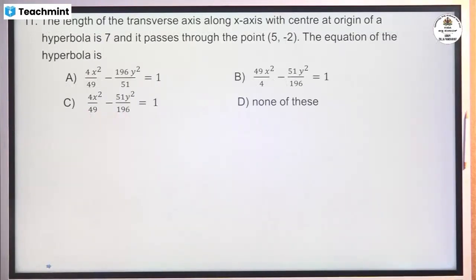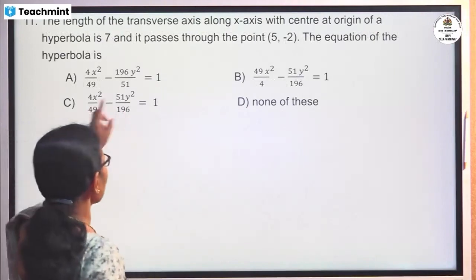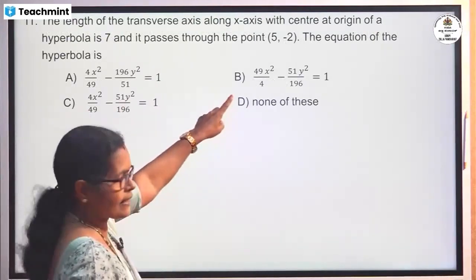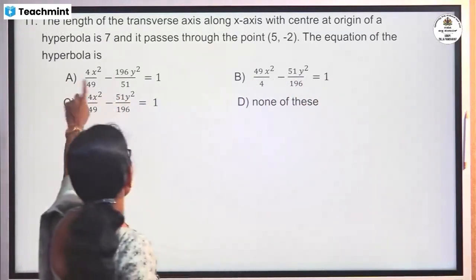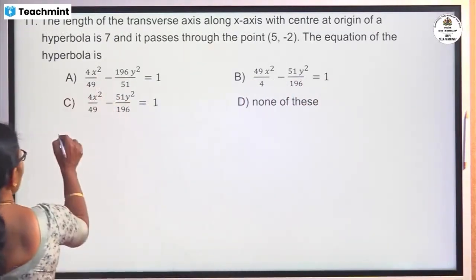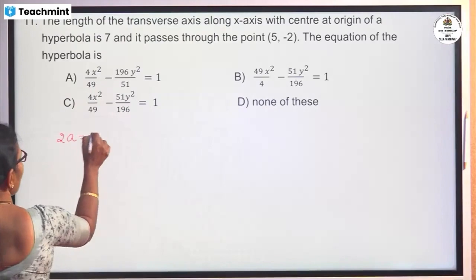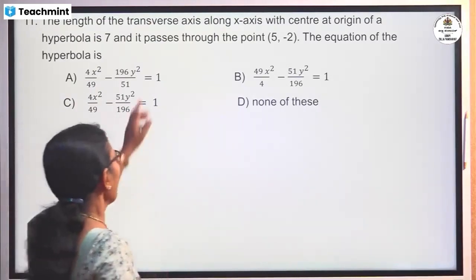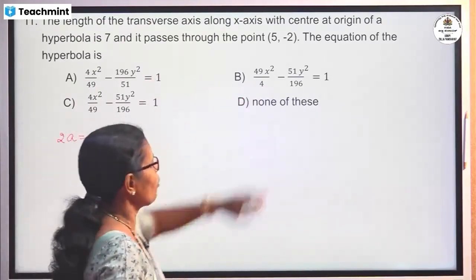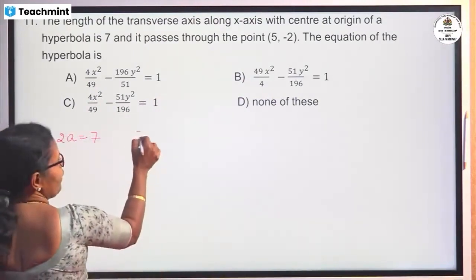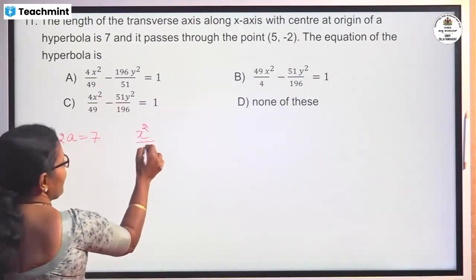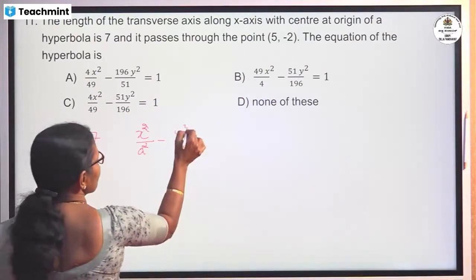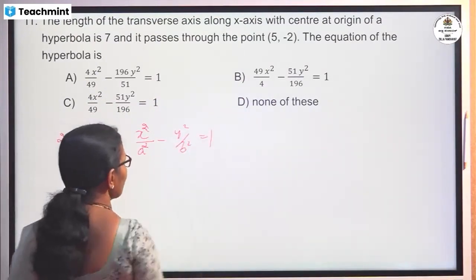Go to the next question. The length of the transverse axis of a hyperbola along the x-axis with the center at the origin is 7. Length of the transverse axis means 2a is equal to 7, and it passes through the point 5 comma minus 2. We know the equation of the hyperbola is x square by a square minus y square by b square is equal to 1.